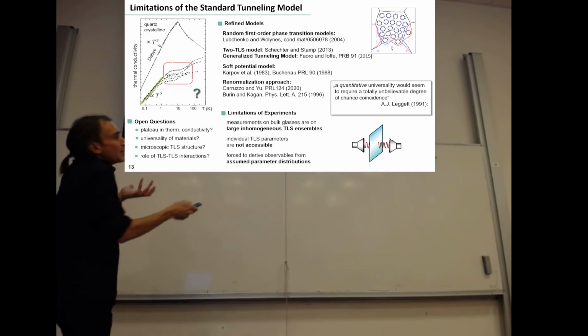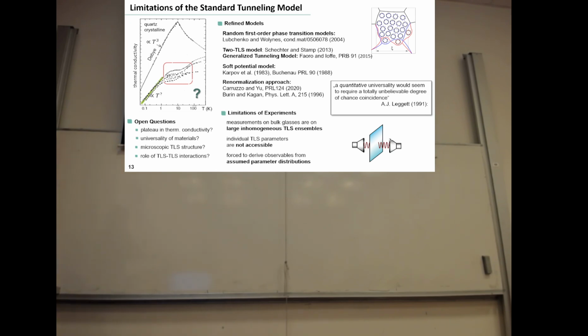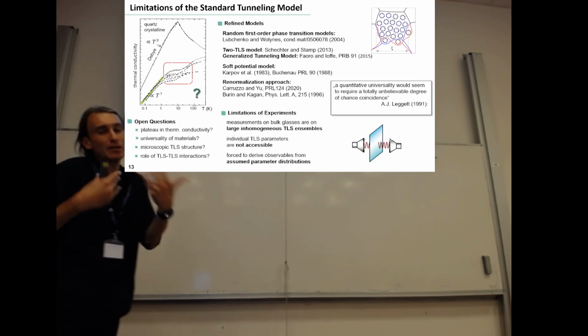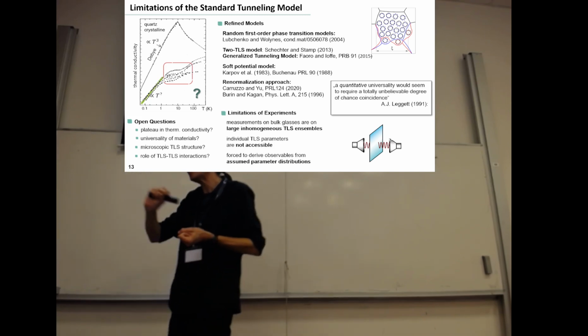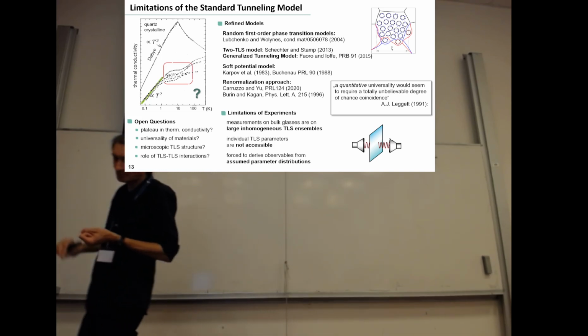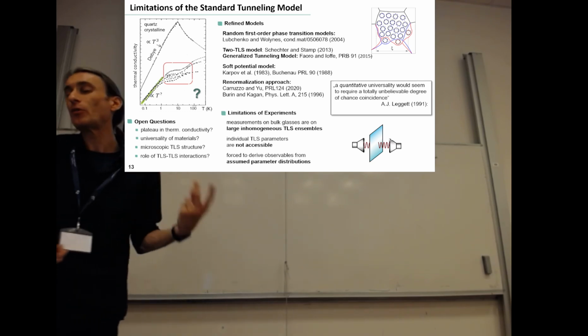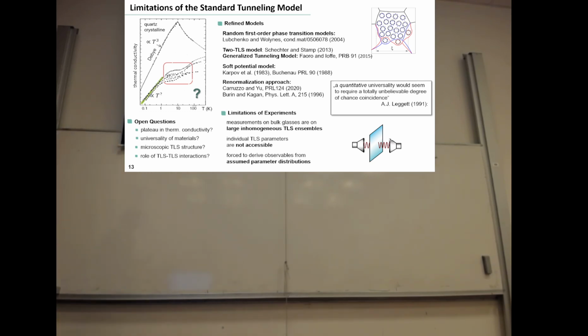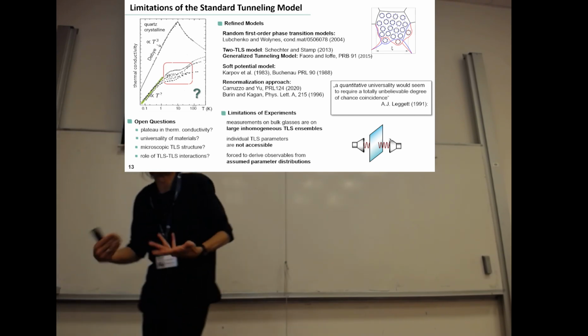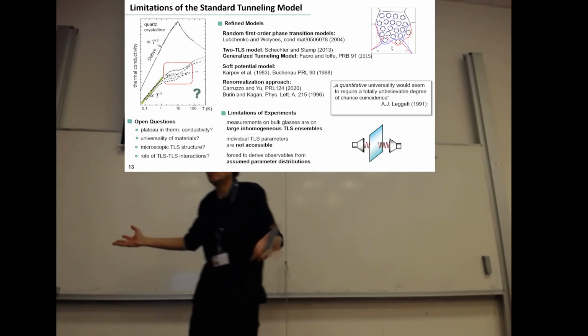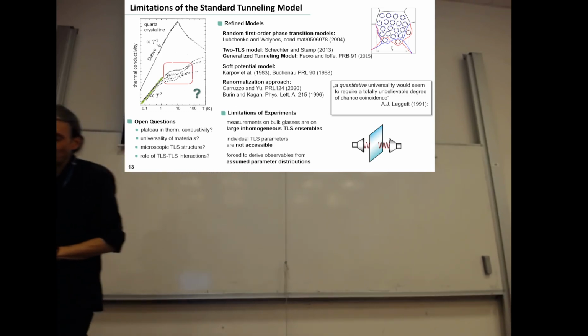Each TLS is different, so you just get a kind of joint averaged answer, and this of course makes it very difficult to predict how the individual defect actually behaves. And at the end, since you had only these bulk measurements and experiments to verify your theory, you were basically forced to predict distributions of parameters in order to come up with the resulting thermal properties.